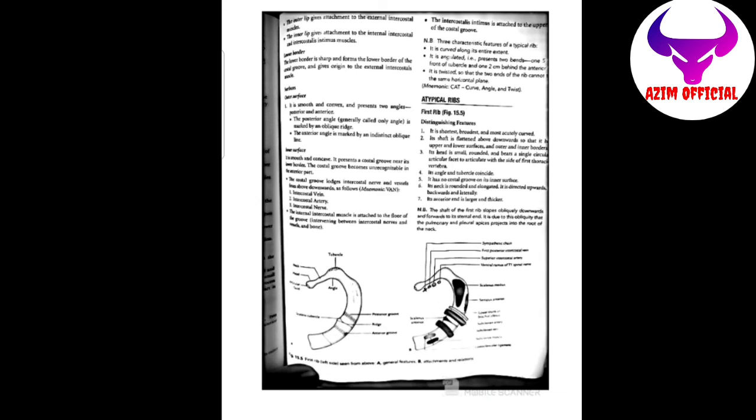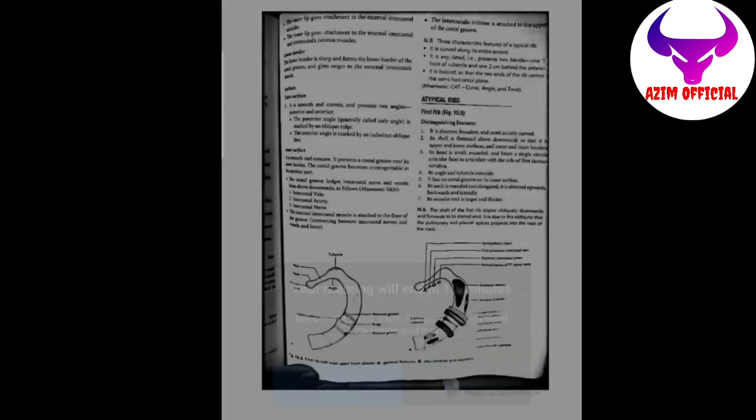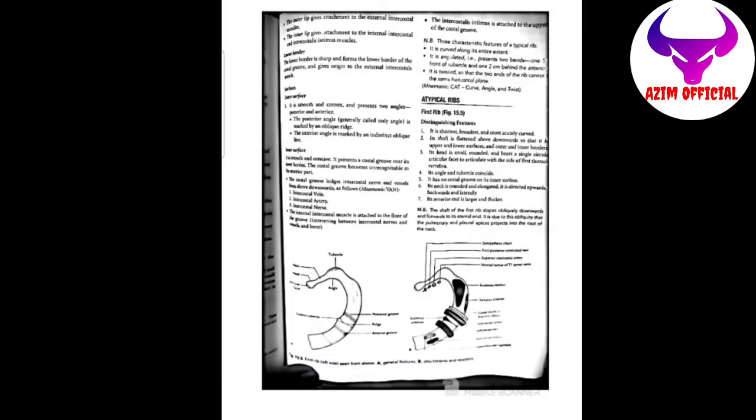Can you see the scalene tubercle? Yes, sir. So everyone is seeing the scalene tubercle here. From the scalene tubercle there is a ridge coming from the inner end to the outer end.